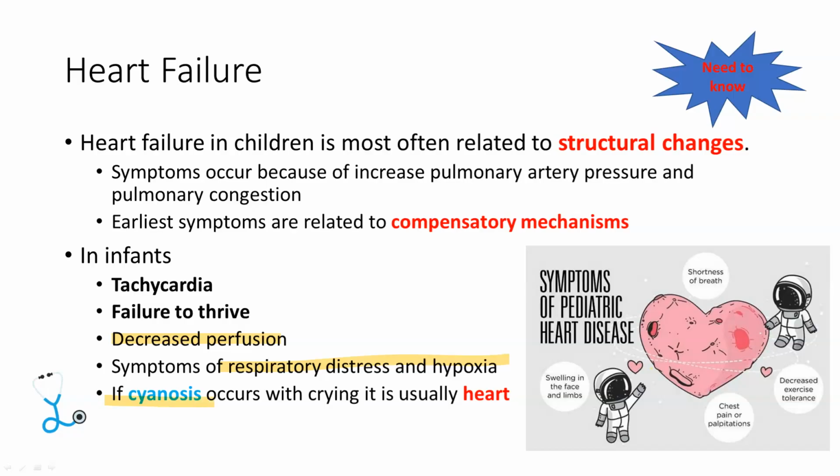However, if they develop cyanosis, we need to make the assumption, at least initially, that it's related to the heart. So we're going to make sure that we give supplemental oxygen. However, we can't rule out respiratory issues. It's just more than likely it's the exertion, which is putting a strain on their heart, which is causing the cyanosis.